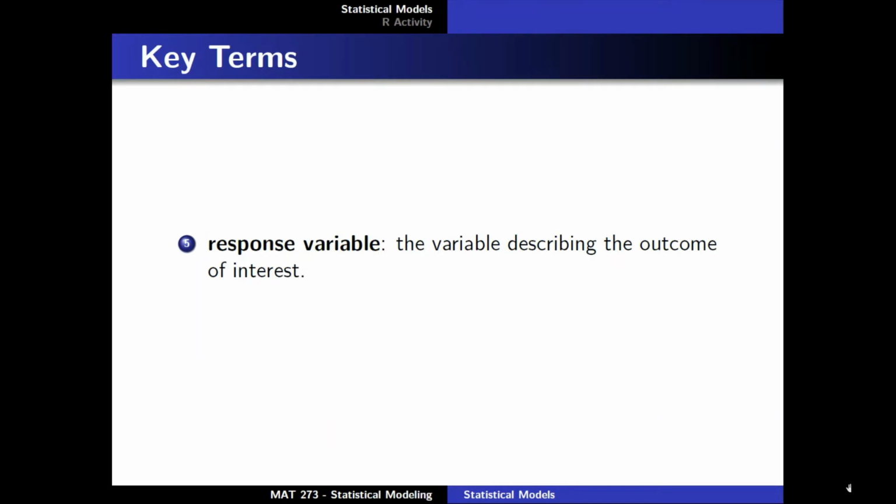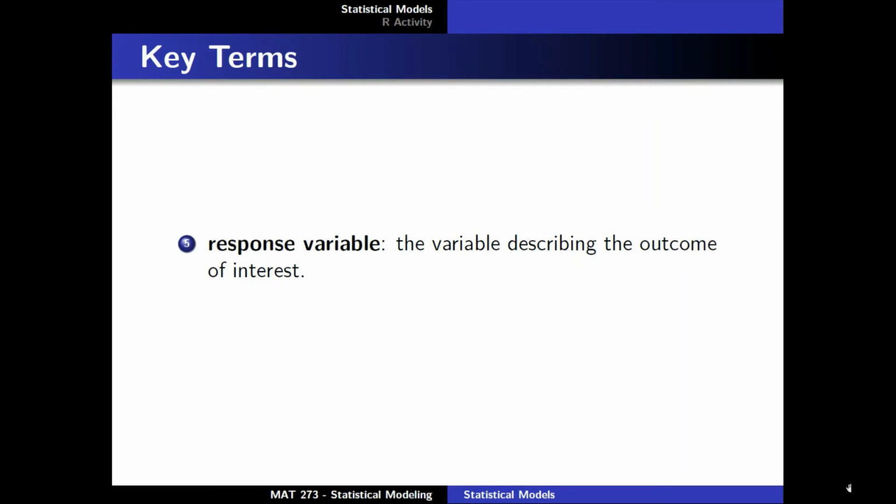Another type of variable that we'll define is called a response variable. So I think I mentioned this earlier. The variable describing the outcome of interest for our study is the response variable. So for example, in the email example again, where Google's trying to estimate if an email is spam or not based on certain characteristics, the response variable is a binary categorical variable of whether the email is spam, yes, or it is not spam, no. So it has 2 possible outcomes, spam or not spam.